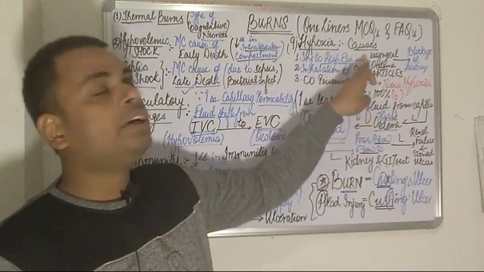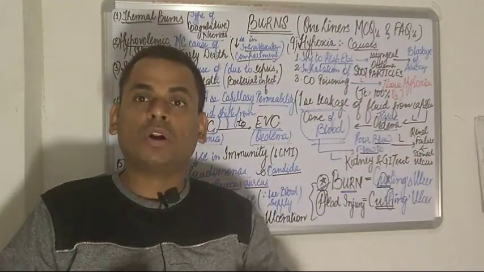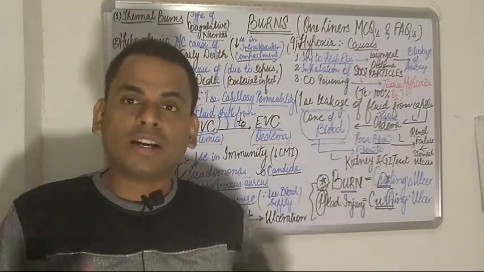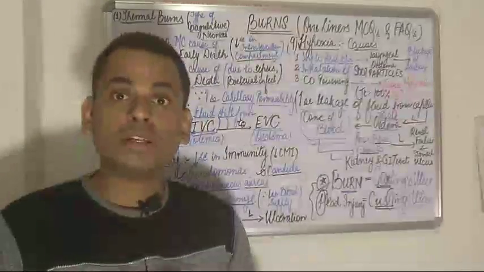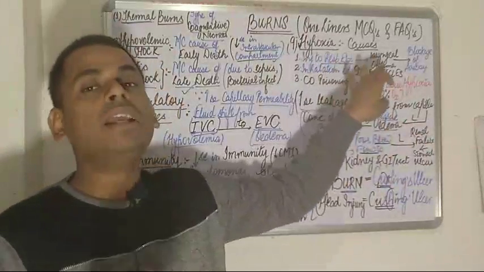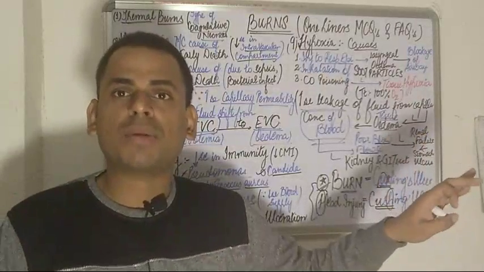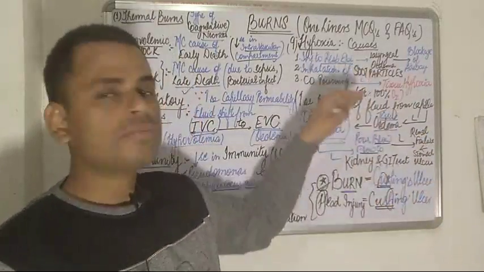In severe burn cases, whenever there is a lot of fire everywhere and the victim is caught in that condition, obviously the respiratory epithelium is going to get injured due to inhalation of a large amount of gases and smoke.